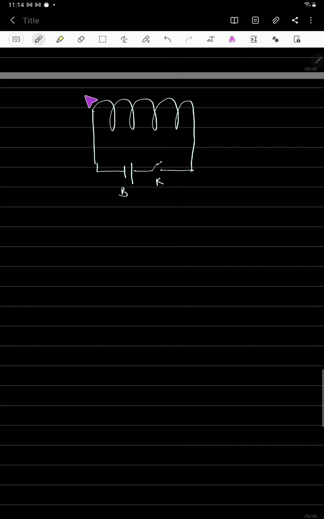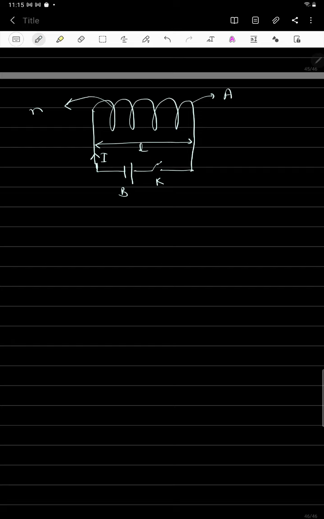So this is a battery, and this coil is having the length L. The current is flowing through the circuit, and the coil is having the area A, and this coil is having the number of turns per unit length n. If the current is flowing through, we can consider this a solenoid.